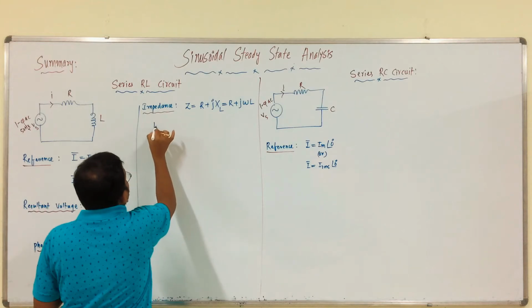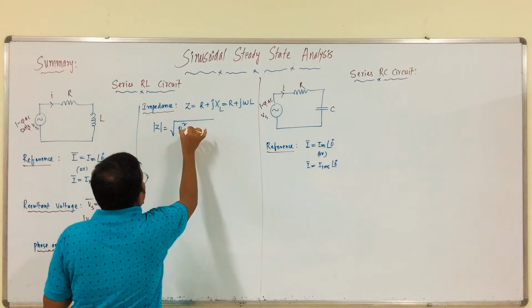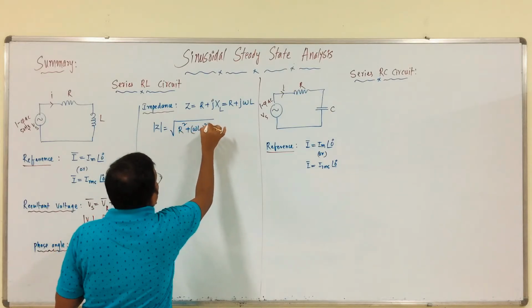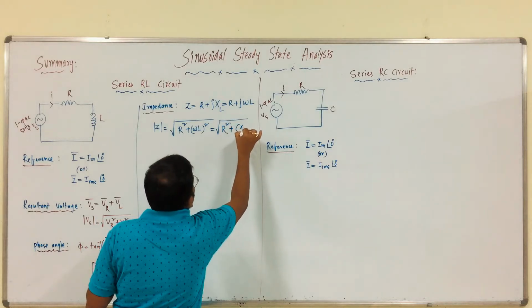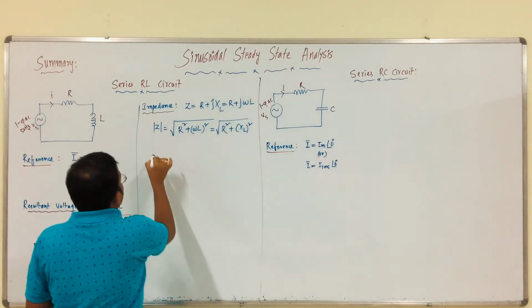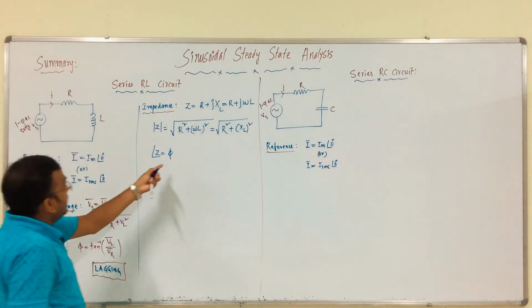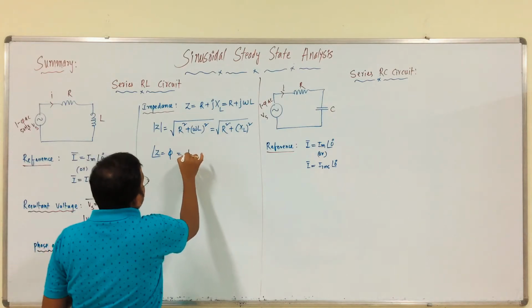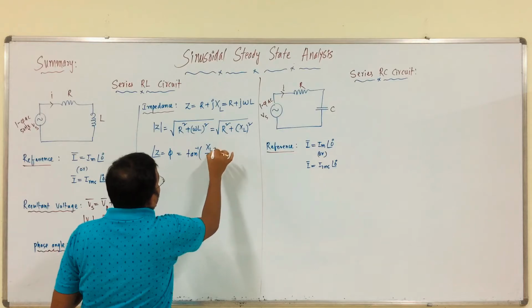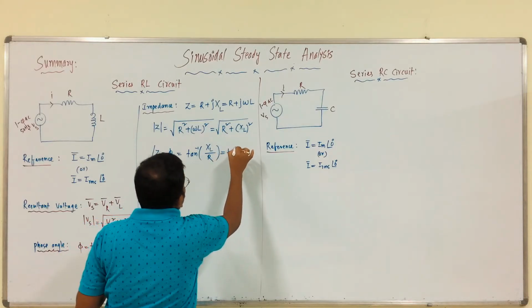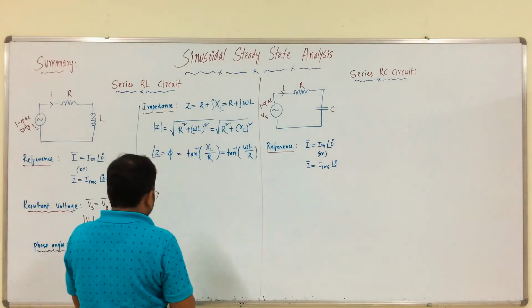From this, mod Z equals the square root of R square plus omega L whole square, which equals R square plus XL square. What is the angle of Z? It equals the phase angle. So this phase angle and this phase angle are both equal, which equals tan inverse XL by R, which equals tan inverse omega L by R. Lagging, right?